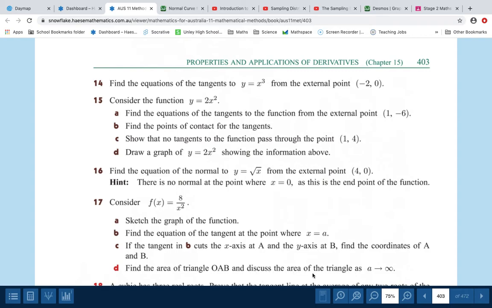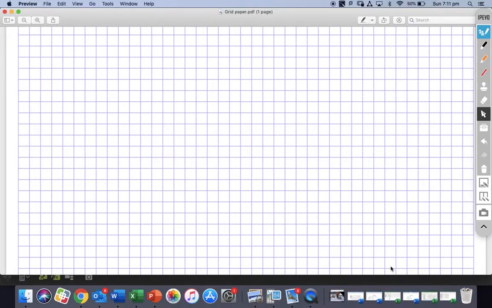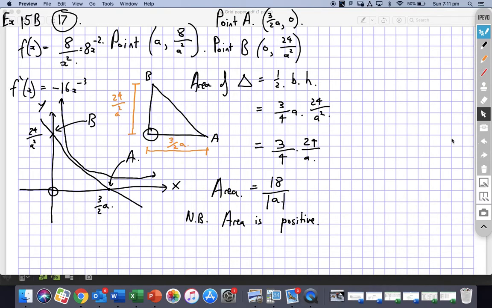Discuss the area of the triangle as a approaches infinity. Oh, okay. Well, the picture would be nice here. I might need to redraw it. If a approaches infinity, I'll redraw this again, just looking at quadrant 1, thinking about a positive a value.